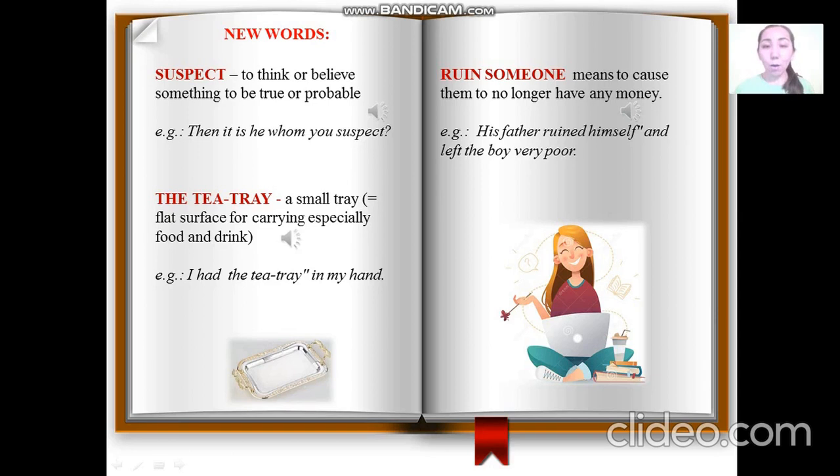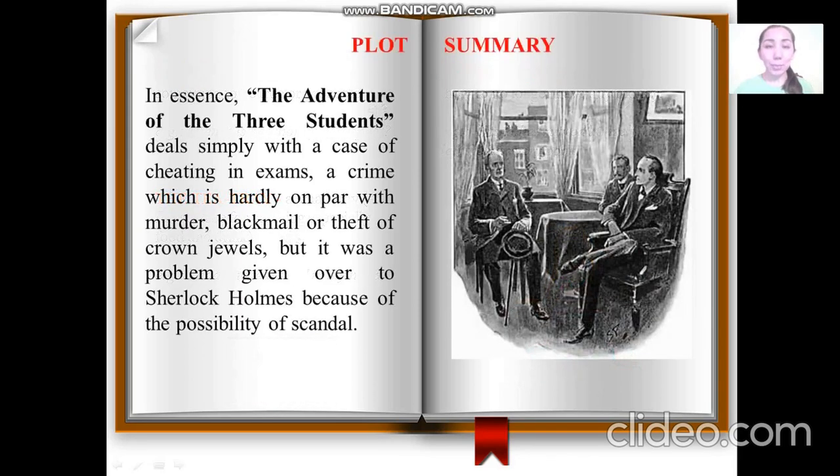So, all of these words will help you while reading the text. Okay, very nice. Write down in your copybooks these words, vocabulary with their meaning. Now, let me tell you in short what the text is going to be about.